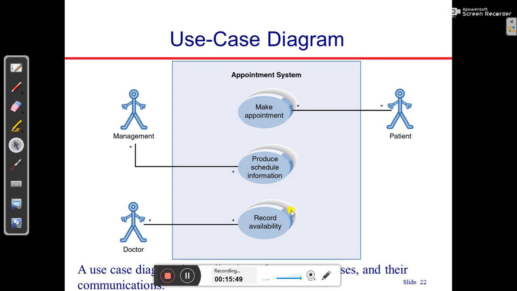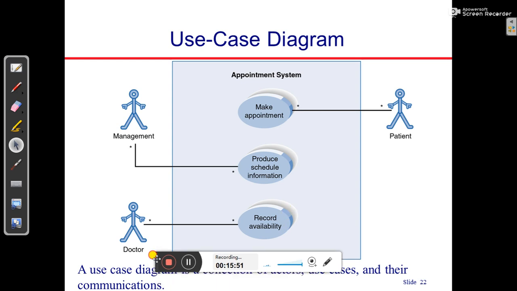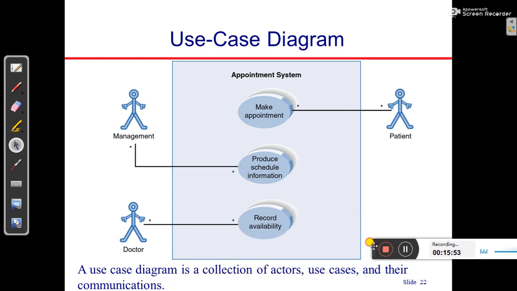Here you can see there are various actors associated with this simple use case diagram. As I mentioned earlier, there might be many use cases in a single use case diagram, but only one use case will provide one function.